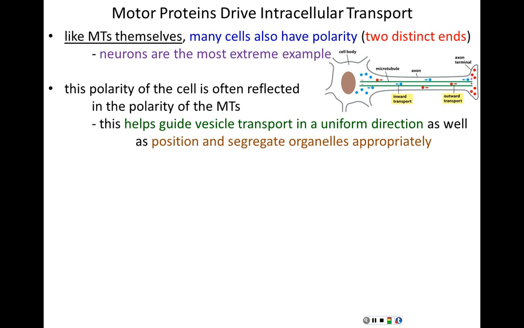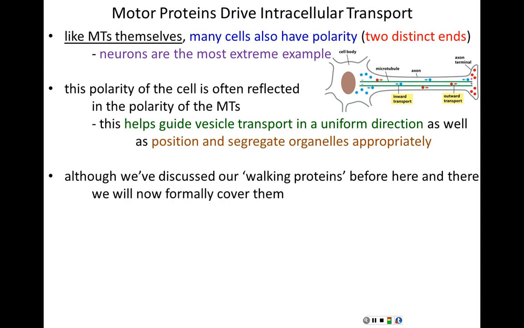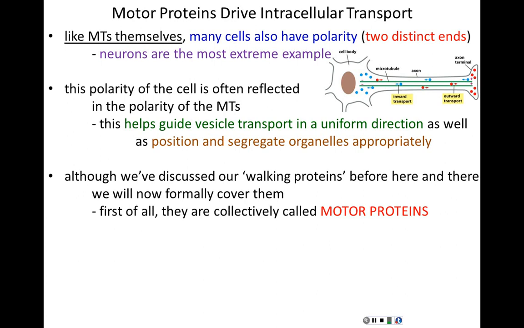This polarity helps to guide vesicle transport and keep vesicles going in the proper direction. And this polarity of microtubules also serves to position and segregate organelles appropriately. We talked about the walking proteins before, but we never really officially covered them. We'll do that now. First of all, let's not call them the walking proteins anymore. That's more of my own little pet name for them because that is how they move. But walking proteins are collectively referred to as motor proteins.